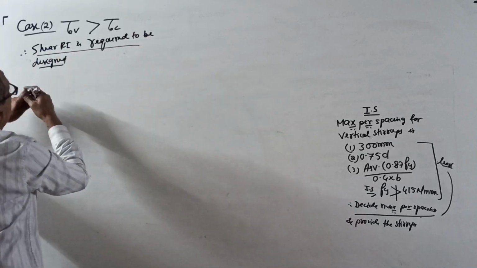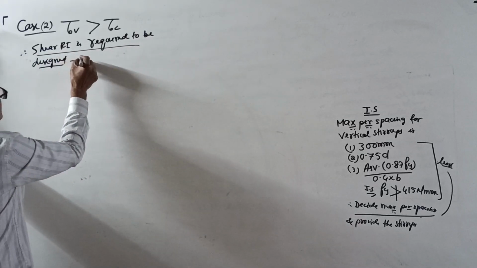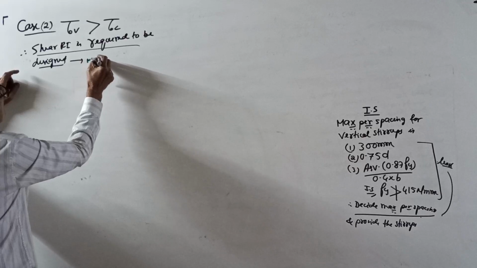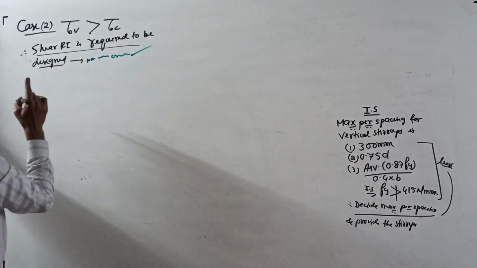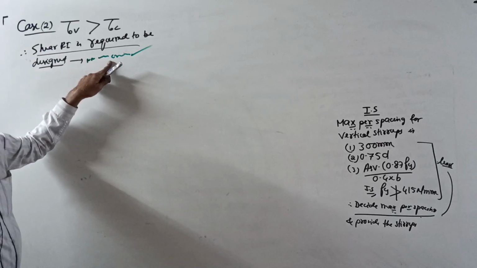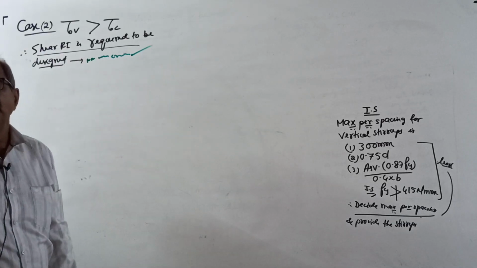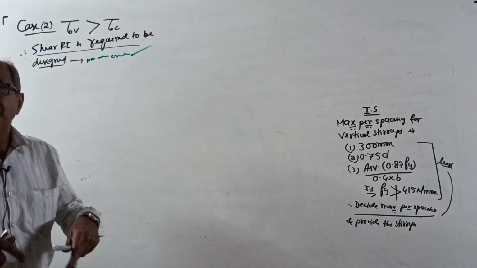First make a note here. Now those cranked bars will come into the picture. Make once again a note: shear reinforcement is always in the form of vertical stirrups, even if crank bar is there.